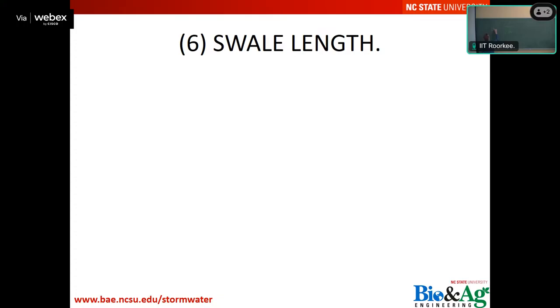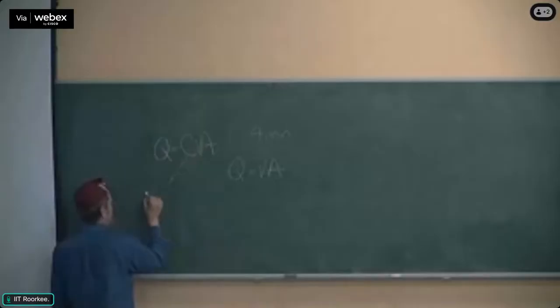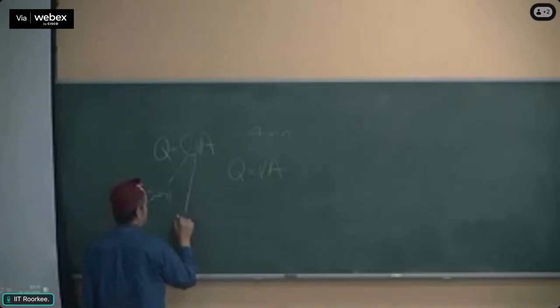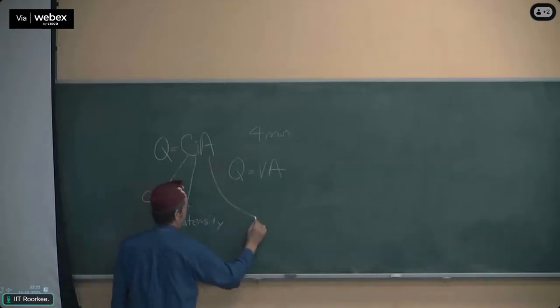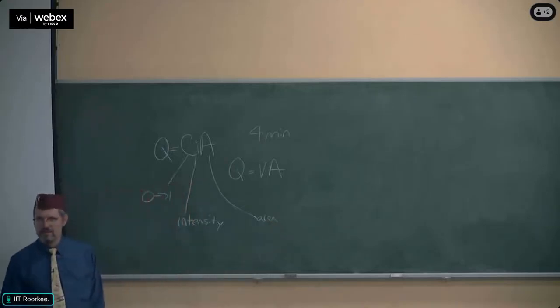So do you guys use this equation? This is a runoff coefficient that ranges between 0 and 1. This is a rainfall intensity, and that's an area. Do you guys use that equation? Okay, great.